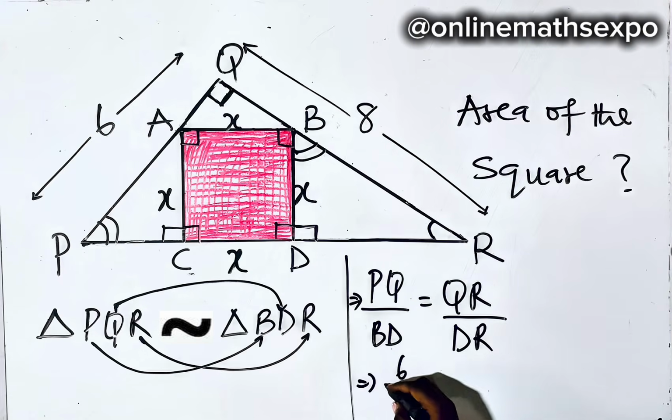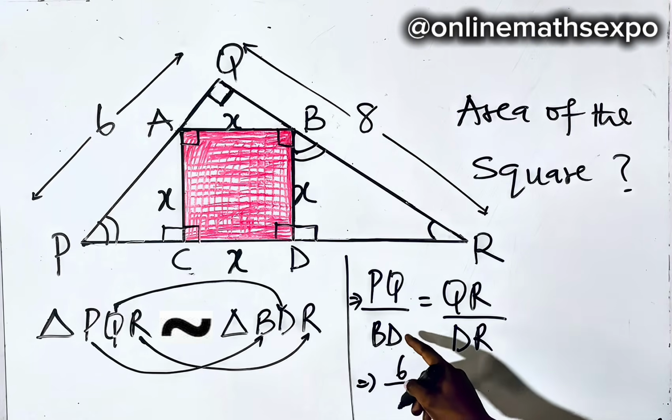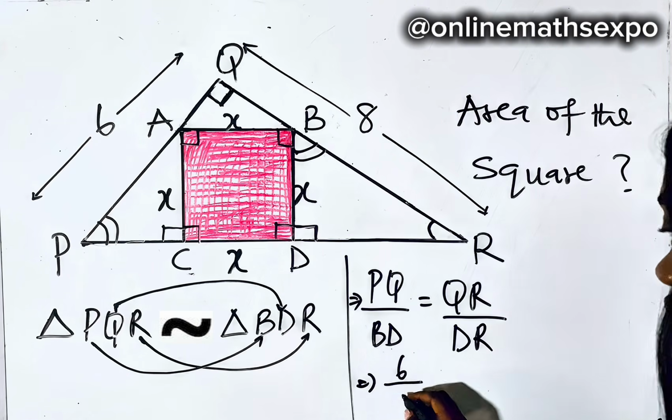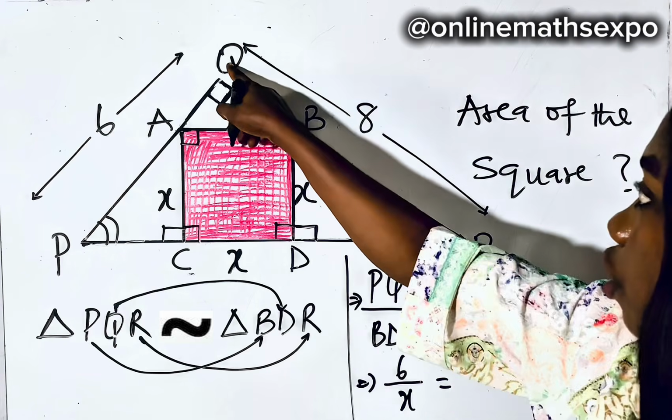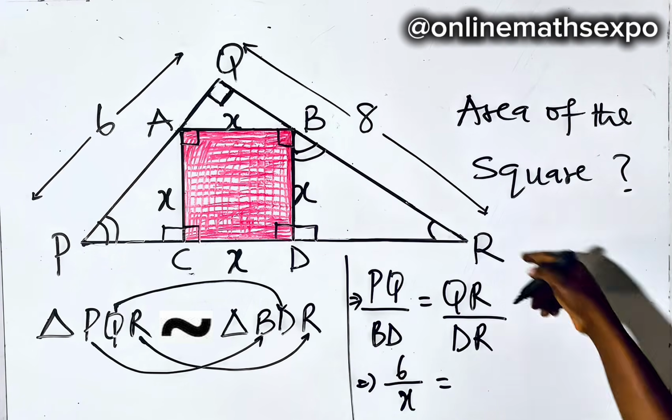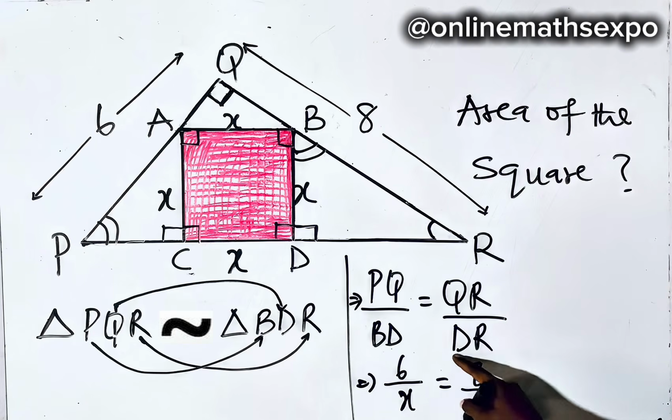So we have 6 divided by BD, which is X, equal to QR, this whole length, which is 8, divided by DR, which is this length.